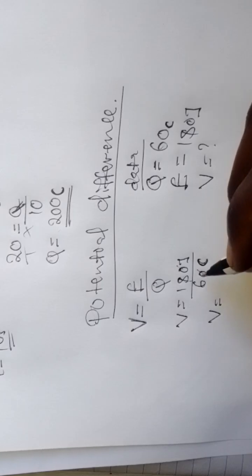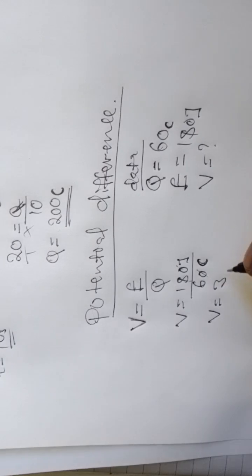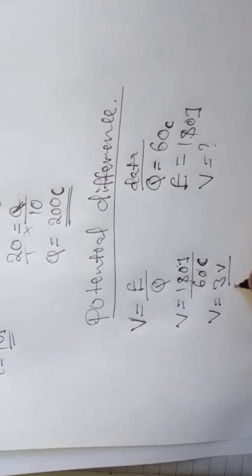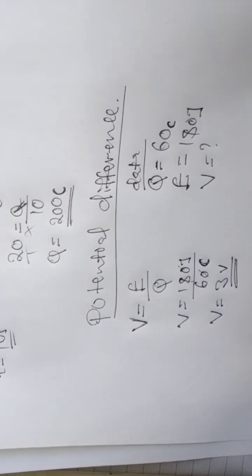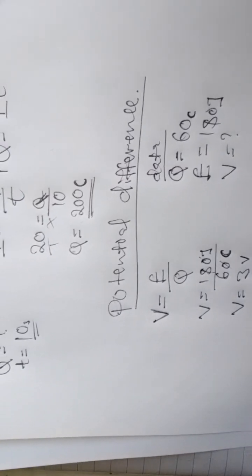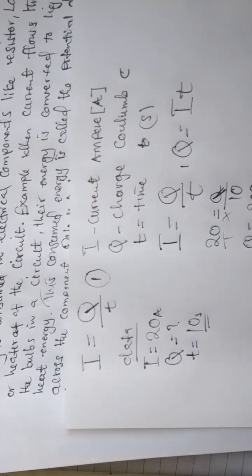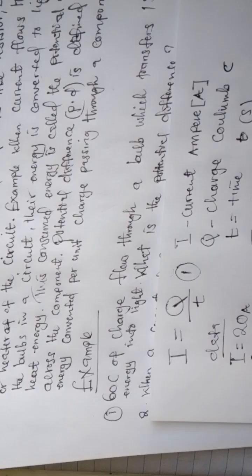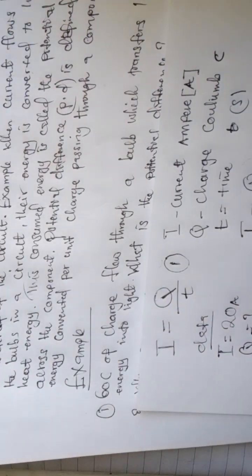Then we can say 18 divided by 6 is 3 volts. That's our answer. This was question 1.